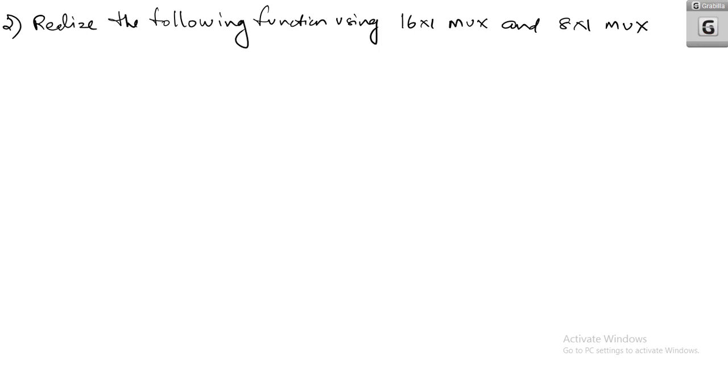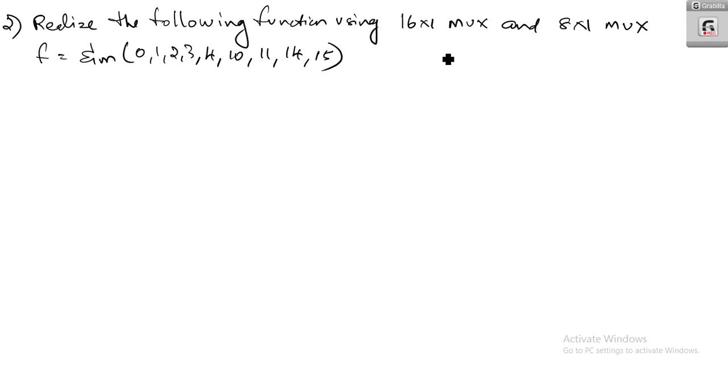Okay, that is the question. So the question is f is equal to sigma m (0, 1, 2, 3, 4, 10, 11, 14 and 15).